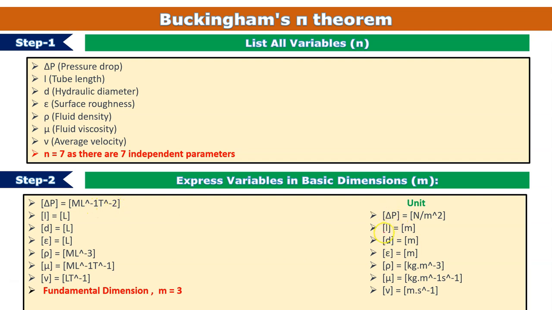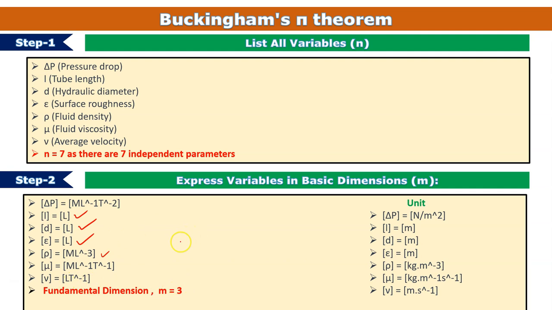The unit of length is meter, so the dimension is capital L. The dimension of D is L, and surface roughness is again L. The unit of rho is kg per meter cube, so M L to the power minus 3. And mu is kg per meter second, so the dimension is M L to the power minus 1 T to the power minus 1.